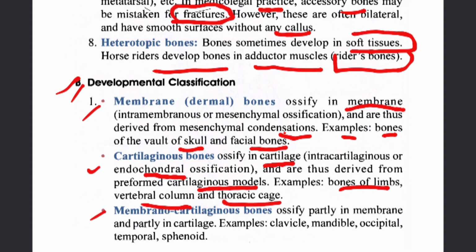They all are cartilaginous bones. Then membranocartilaginous bones ossify partly in the membrane and partly in cartilage. Examples are clavicle, mandible, occipital, temporal and sphenoid bones.